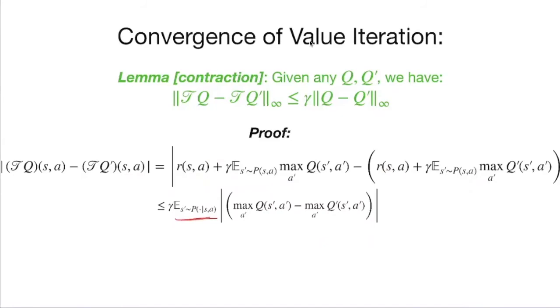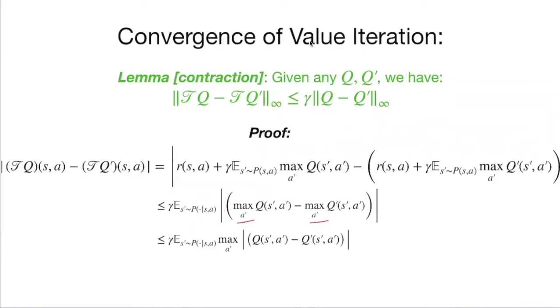Hopefully at this stage you're convinced that this inequality holds. If not, you have a chance to sit down and do the derivation in homework 0. Again, all I did is cancel these two rewards and pull the common term, gamma times expectation, outside the absolute value. The second trick is the one you saw in the first or second lecture, where I pull the max over A outside the expected value as well.